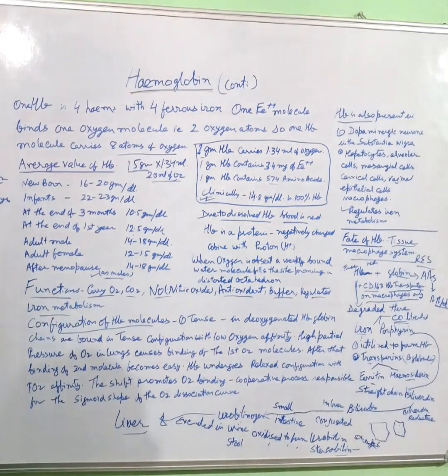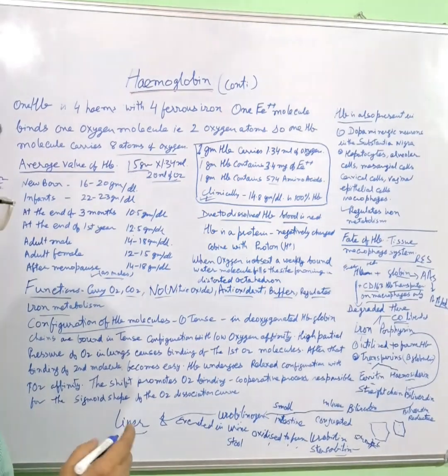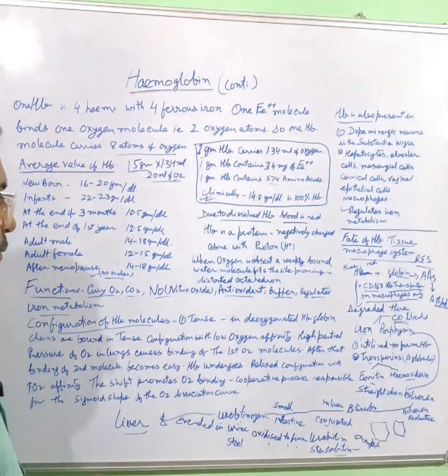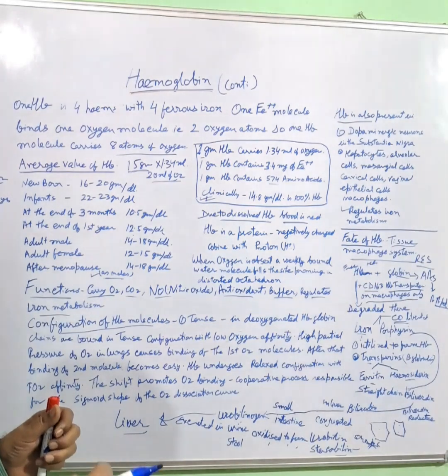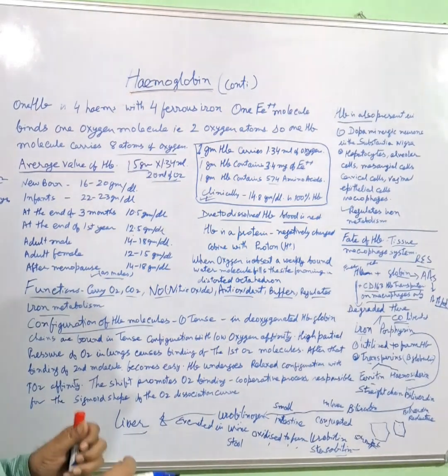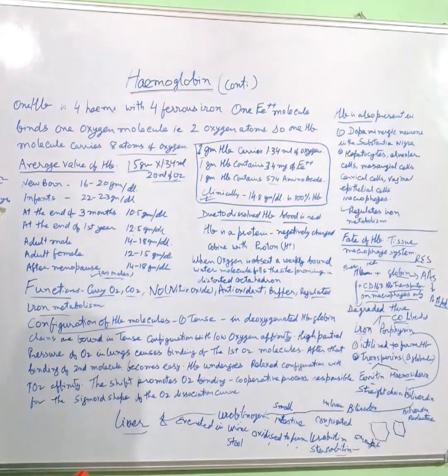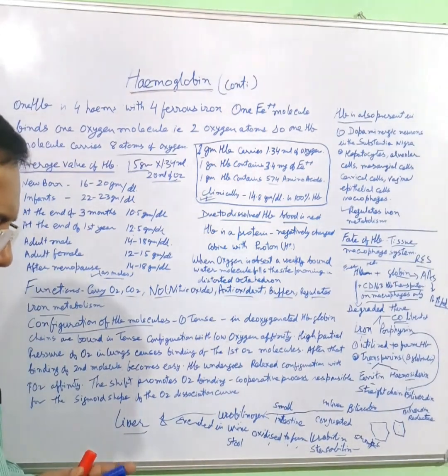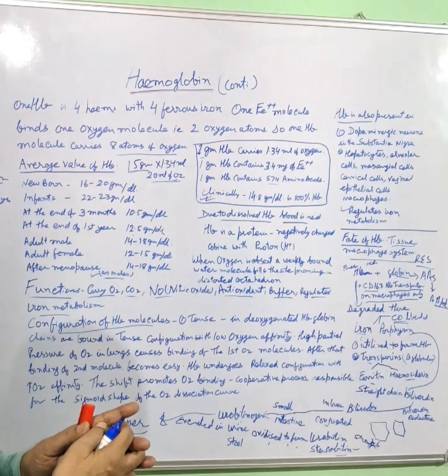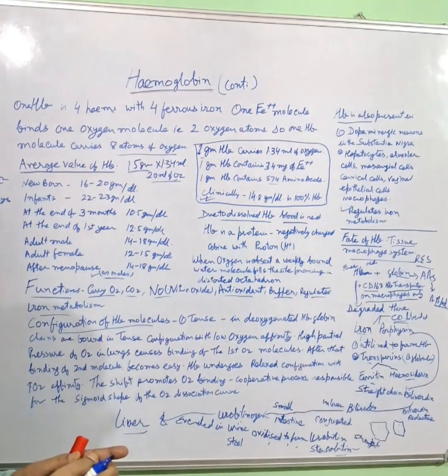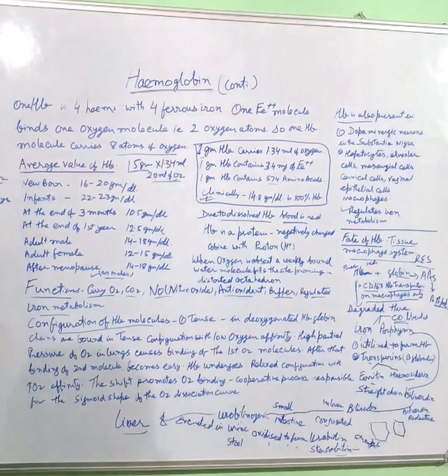Configuration of hemoglobin molecules. There are two forms: tense. In the deoxygenated form, the hemoglobin globin chains are bound in the tense configuration, and therefore have low oxygen affinity.